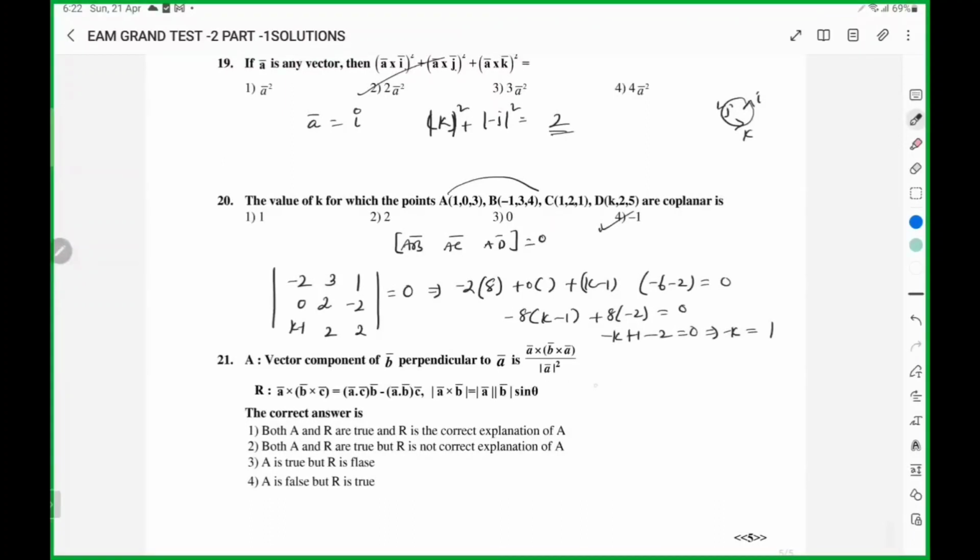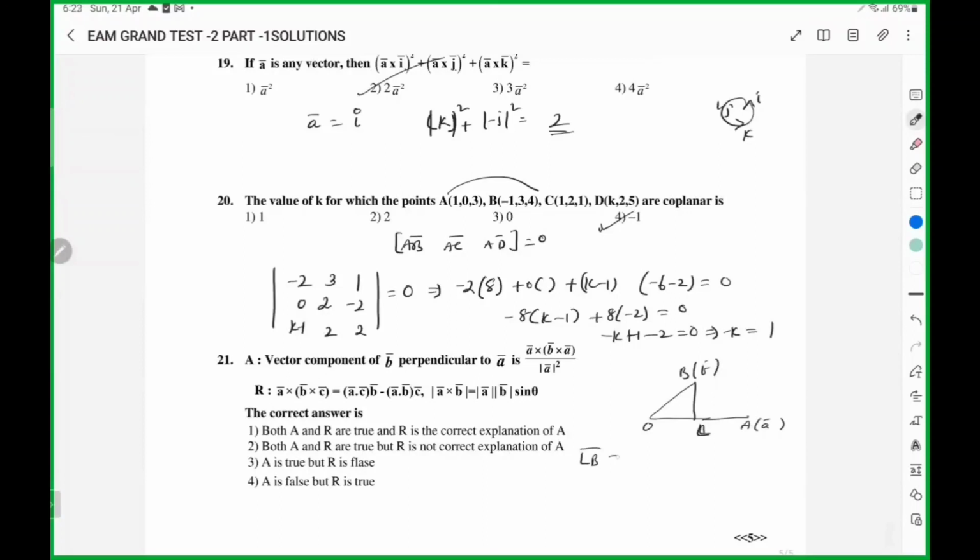Here it is, the vector component of b bar perpendicular to a bar.